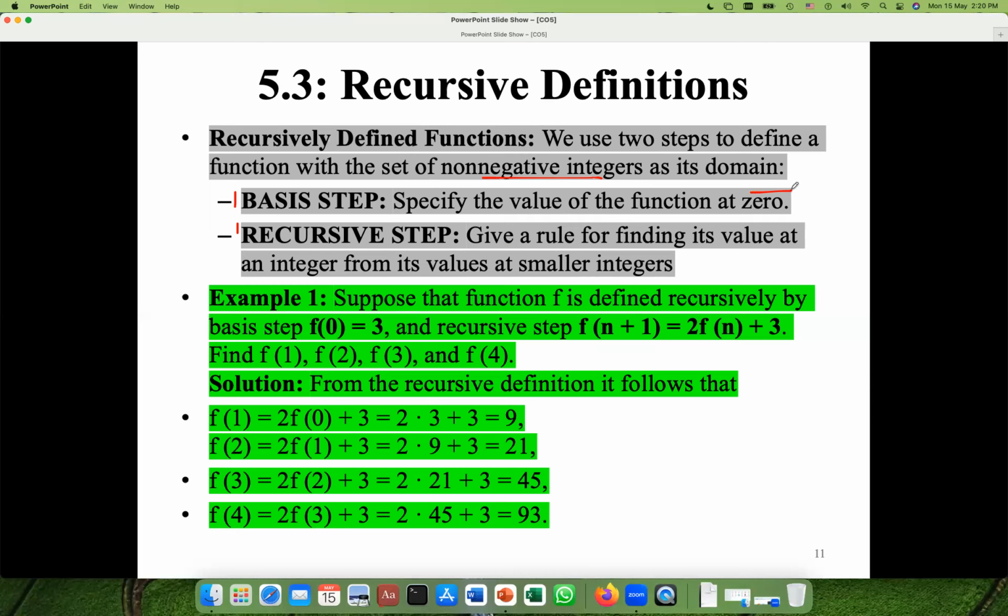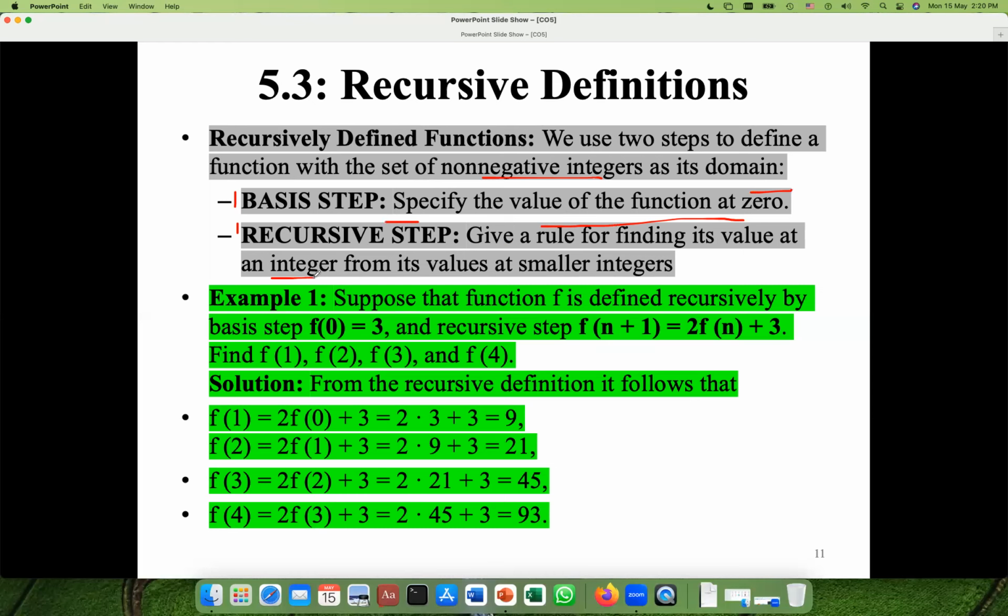You will give 0 to that function, and you will see what result it gives at 0. Then in the recursive step you will define some rule for finding its value at any integer.